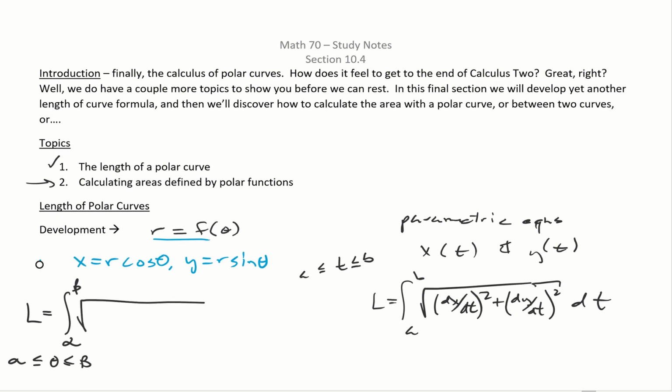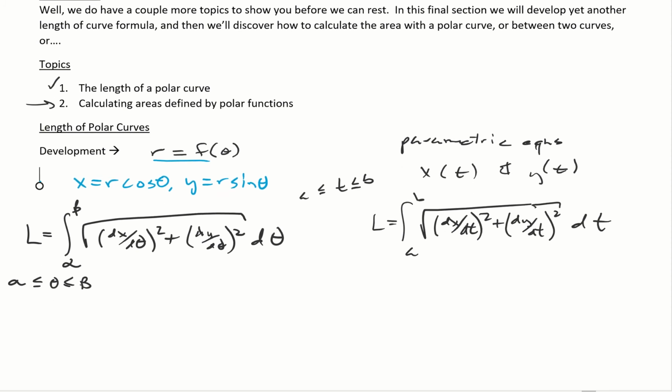And we would take the derivatives of these guys. I'll write it out. We'll take dx d theta, square it, and dy d theta, square that, and there you go. That's not our formula, though. It actually simplifies nicely, so let's get on this thing. We need dx d theta, we need dy d theta.